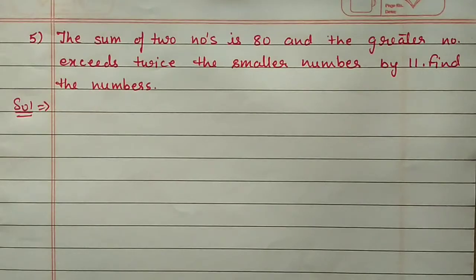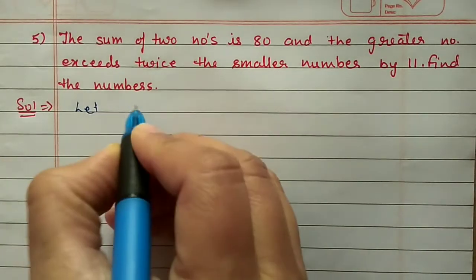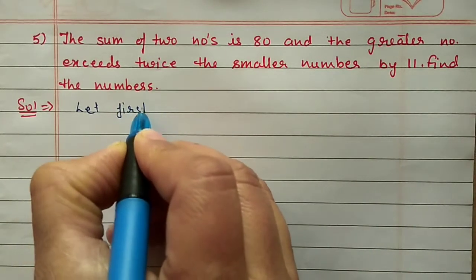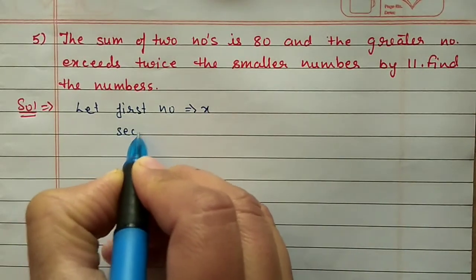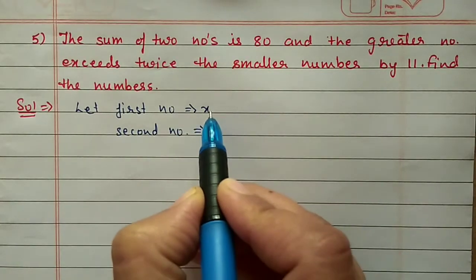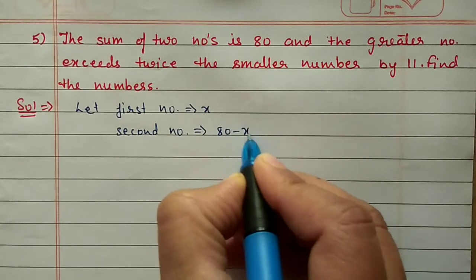Next question number 5. The sum of two numbers is 80 and the greater number exceeds twice the smaller number by 11. Find the number. So let the numbers are, if we have taken first number as x, then second number will be 80 minus x.